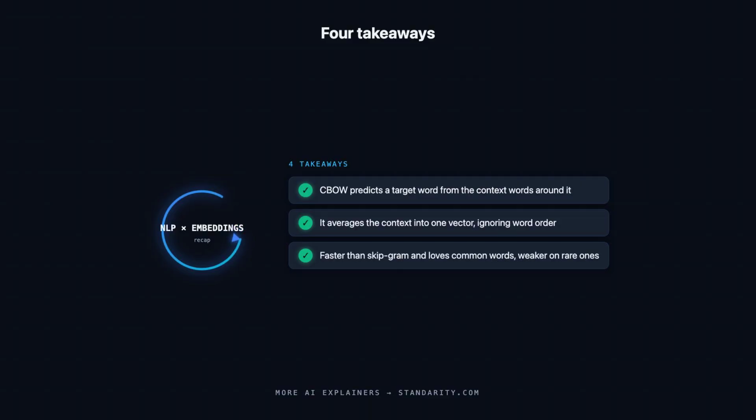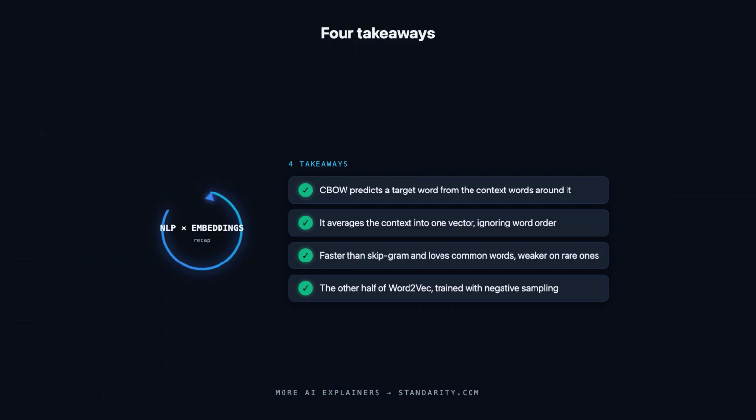Set against its sibling, CBOW trains faster and loves common words on a large corpus. But it's weaker on rare words because averaging hands each one fewer targeted updates than skipgram. Both halves of word2vec train efficiently with negative sampling instead of a full softmax, and together they hand you a clean speed versus rare word quality choice.